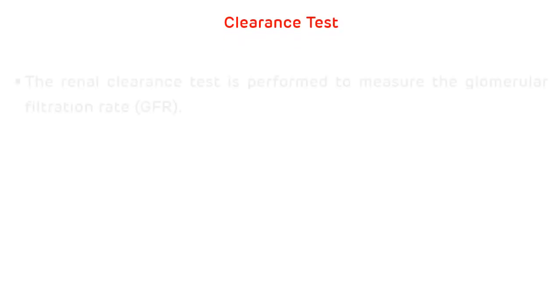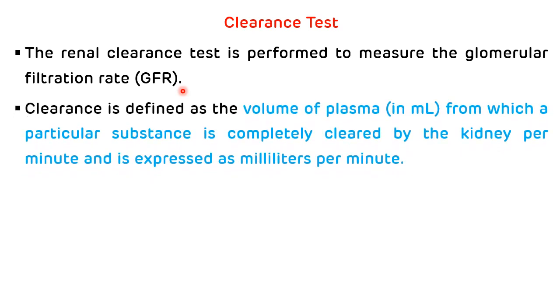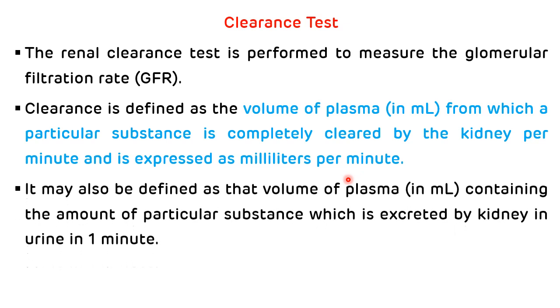The clearance is defined as the volume of plasma in ml from which a particular substance is completely cleared by the kidney per minute, and it is expressed in milliliters per minute. It may also be defined as that volume of plasma in ml containing the amount of a particular substance which is excreted by the kidney in urine in 1 minute.